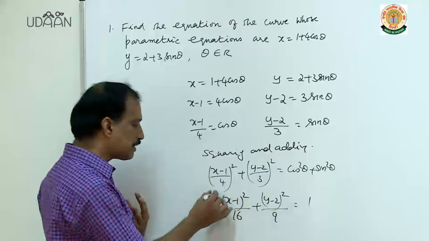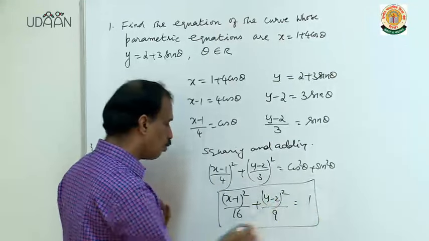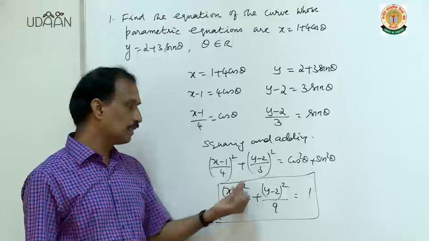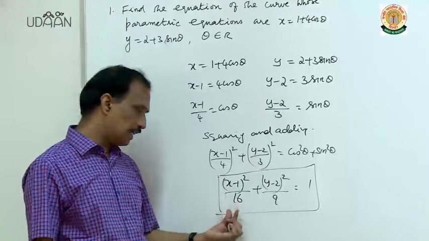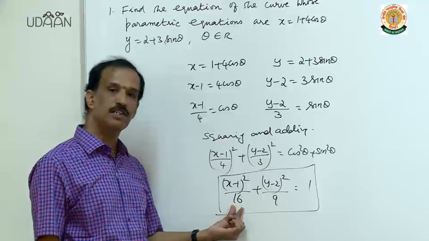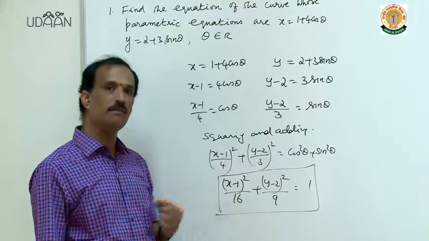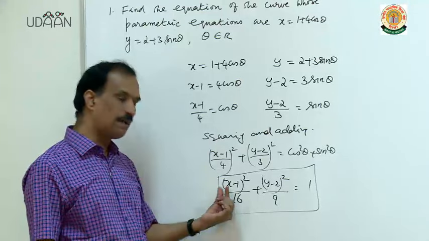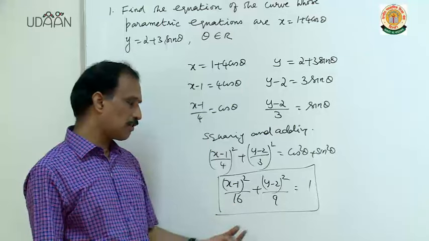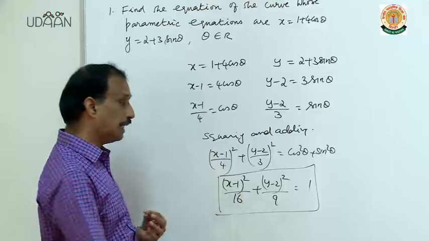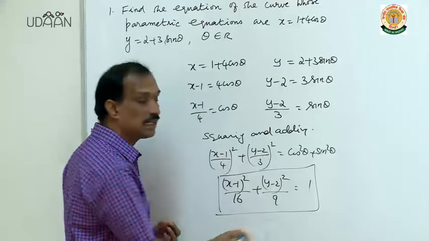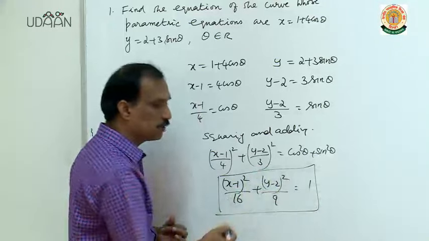So it represents an ellipse with center 1, 2. a square is 16, so a will be 4, so the major axis is 8. And b square is 9, so b is 3, so minor axis length will be 6. So now this represents your ellipse.